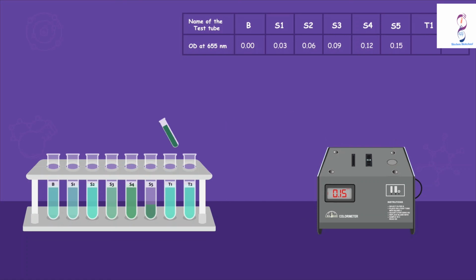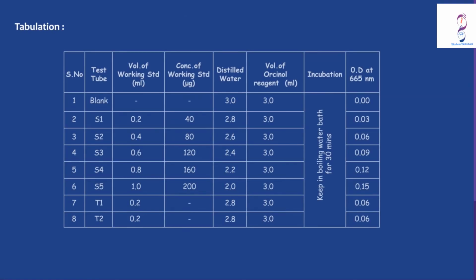This method of estimation of pentoses is an example of a condensation reaction. Now you can see in the illustration the tabulation of the test and working standards with the OD at 665 nanometers.